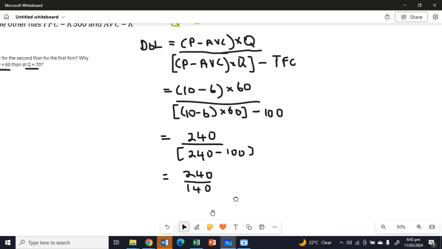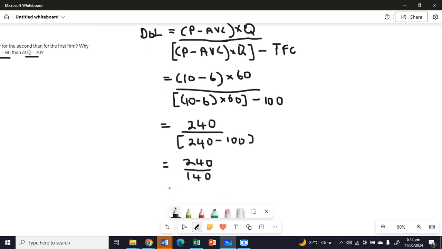So what this 1.7 means is that if sales increase or decrease by 1%, our operating income is going to either increase or decrease by 1.7%. So let me type that down here.